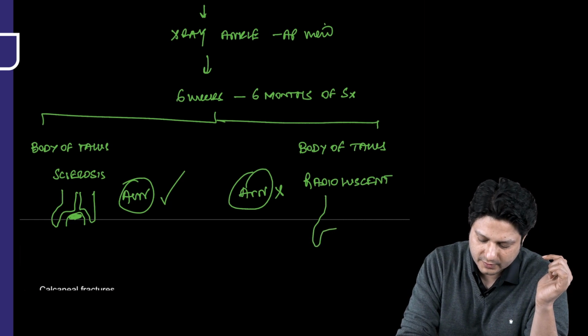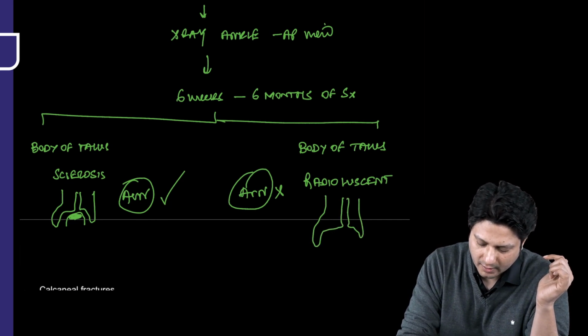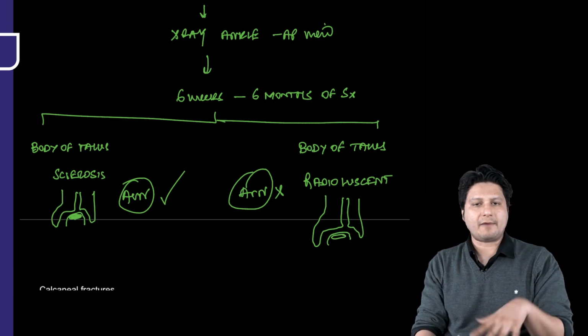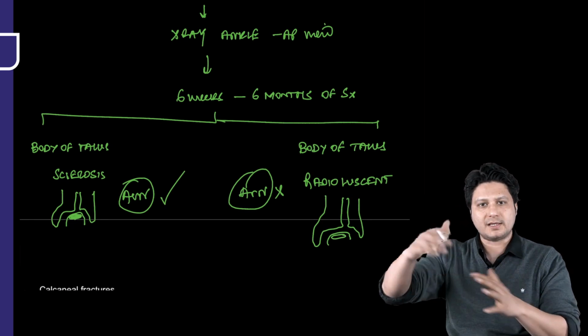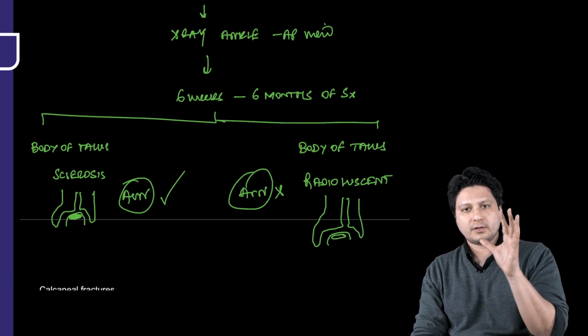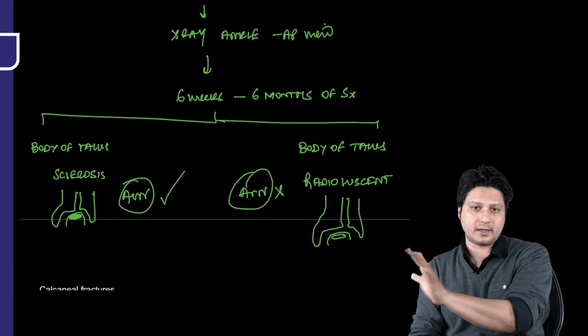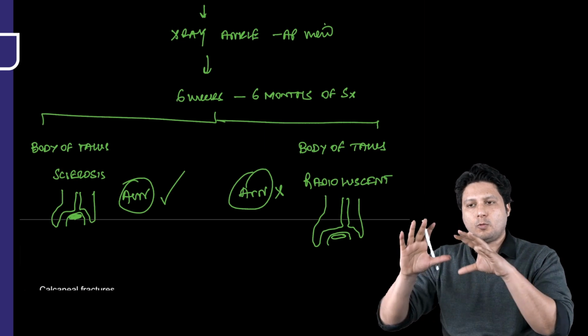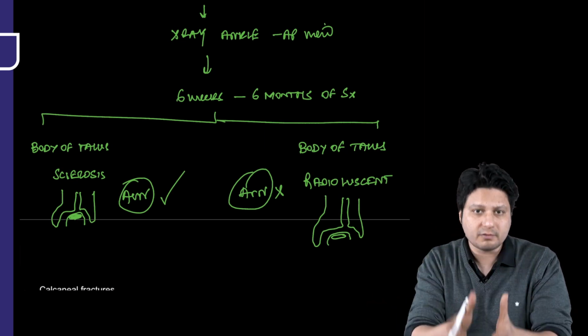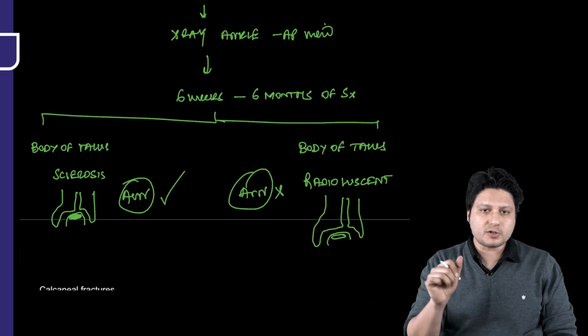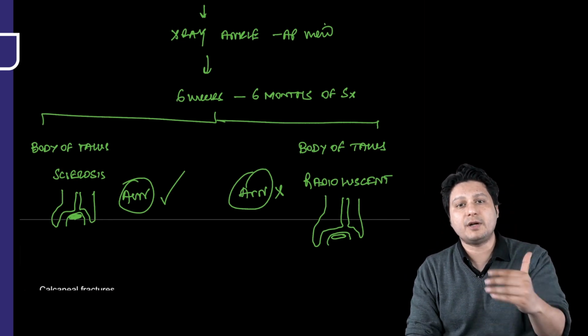For example, if this is the distal end of the tibia, fibula, and this is the talar bone, and this zone is again radiolucent, having similar density of bone as is seen in other regions, that means there is no avascular necrosis in the body of the talus, and whatever you wanted to achieve by the management of this talar neck fracture, you have achieved it successfully.